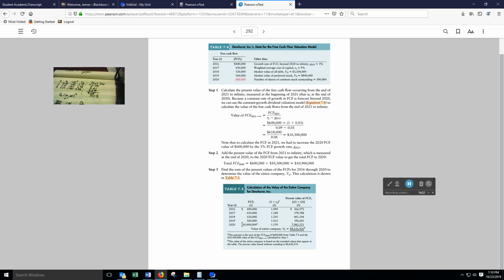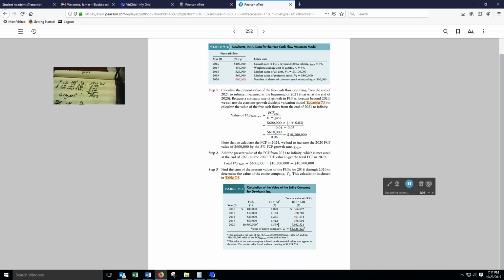Here, we're taking the 5th year free cash flow and adding it to the 5th year present value of all the rest of the cash flows from year 6 to infinity. And all we do here is calculate the present value of this $10,900,000 in free cash flows plus the present value of additional cash flows in the year 2020.